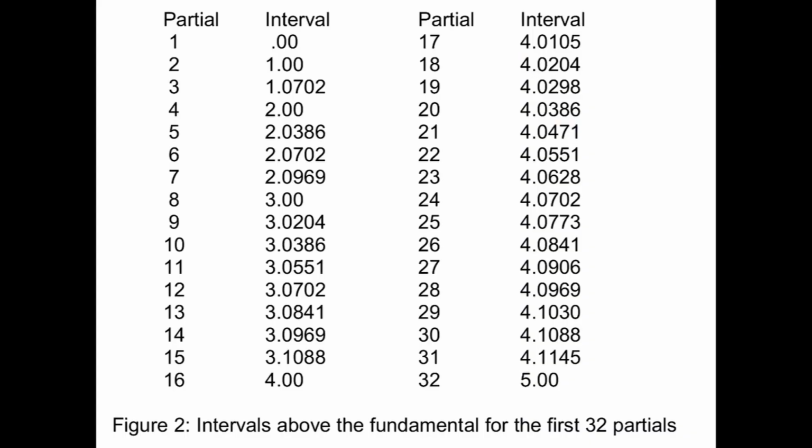In considering the pitches of overtones above a fundamental, Figure 2 shows in octave point pitch class notation the interval above the fundamental in equal temperament for the first 32 harmonic partials, spanning 5 octaves above the fundamental. As the chart shows, the perfect fifths, 3, 6, 12, 24, major seconds, 9th, 18th partial, and minor third, 19th partial, are 2%, 4%, and 2% apart from the equal tempered pitches.